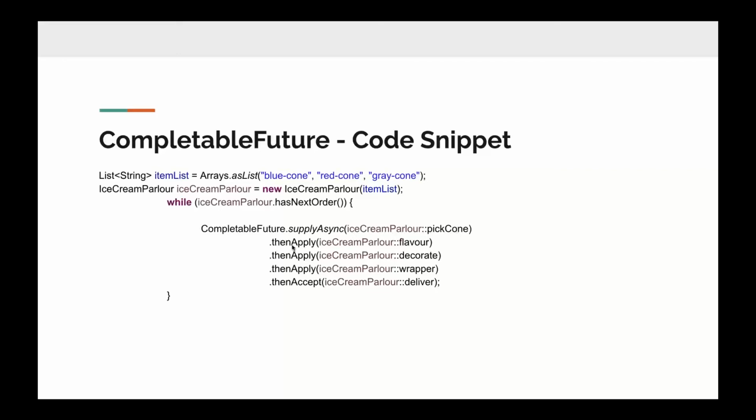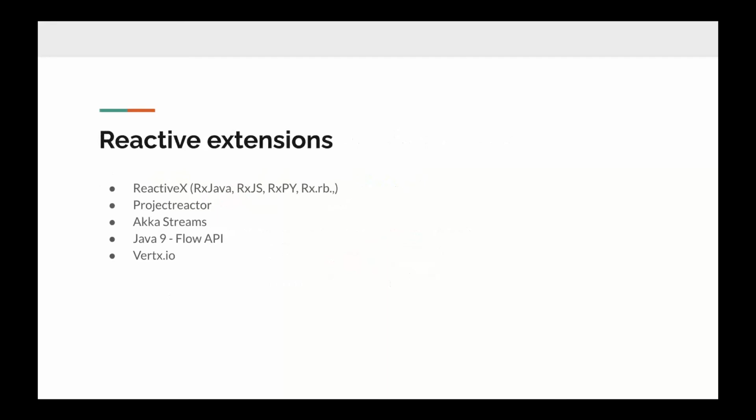It picks the cone 1, and it adds some flavor, it decorates it, it wraps it, and it delivers it. These all things are going to be done in an asynchronous manner. It does not mean that the red cone will wait till the blue cone is delivered. So that's the CompletableFuture, what you can think of, and you can complete your future at any time.